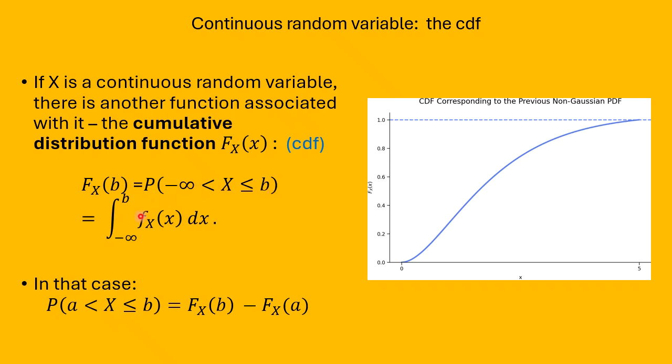If you know calculus, this will be the integral from minus infinity to b of the density function, little f of x, dx. Given this definition, if you want to calculate the probability that our random variable X is greater than a and less than or equal to b, we can calculate that by taking the cumulative distribution function evaluated at b minus the cumulative distribution function evaluated at a.